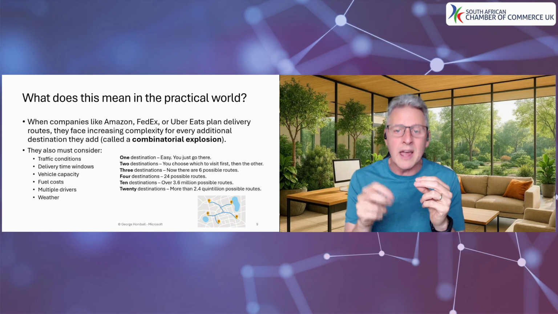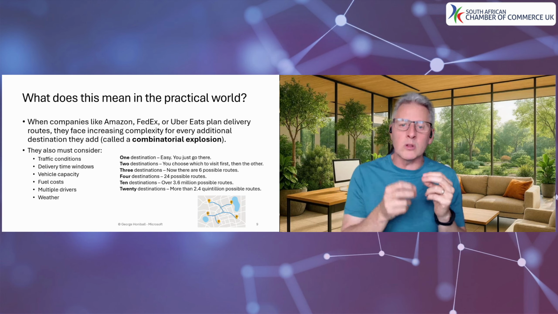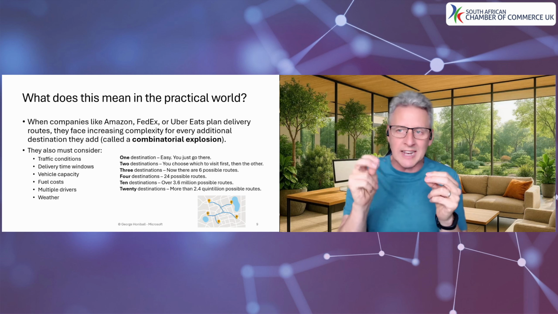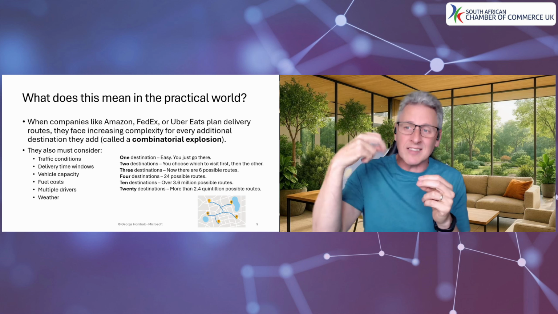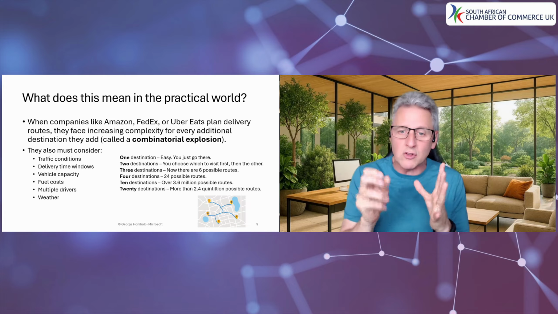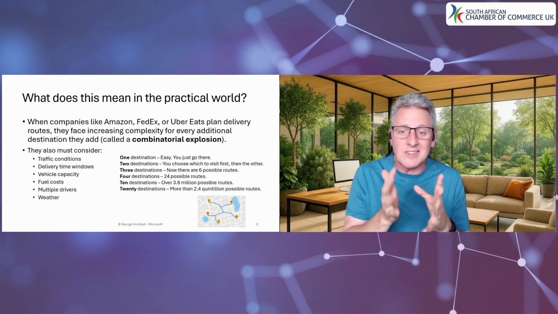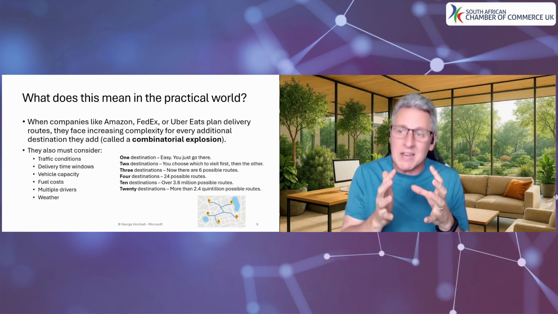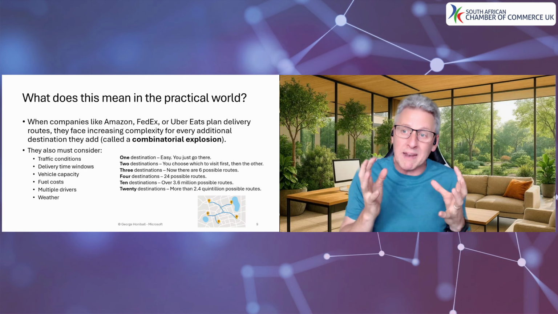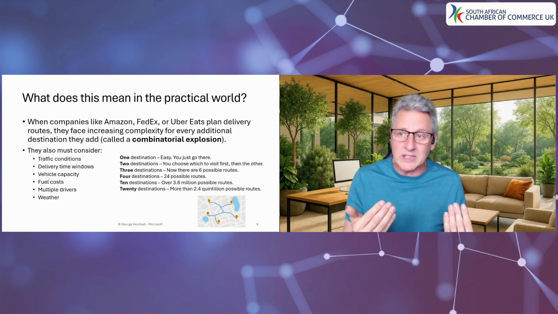And then that continues to become something called combinatorial explosion, where as you add an extra destination, it has a significant impact on the number of choices, to when you have 10 destinations. Just with 10 destinations, suddenly you have 3.6 million different possible routes. So you can imagine the complexity that these logistics companies face in terms of doing deliveries.